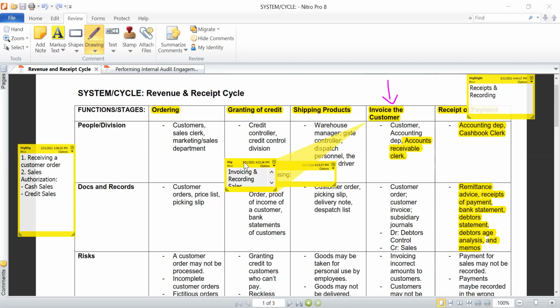So for instance, if I want to know how much is outstanding from customers, maybe 30 days outstanding, I have to go to the debtors' age analysis to gain a picture of what is 30 days owing from the customers, what is 60 days outstanding, what is 90 days, or what is already above 90 days, meaning if it's above 90 days, then there's a risk of credit losses. So the debtors' age analysis is used for that particular purpose.